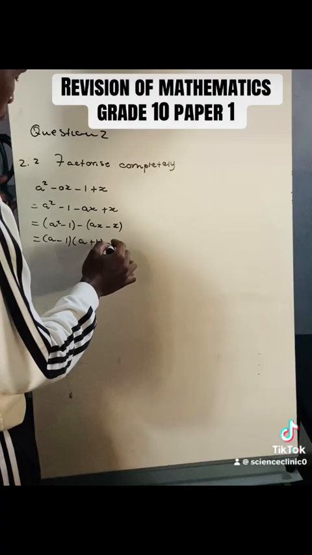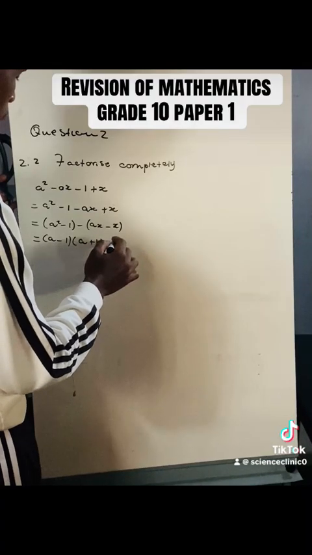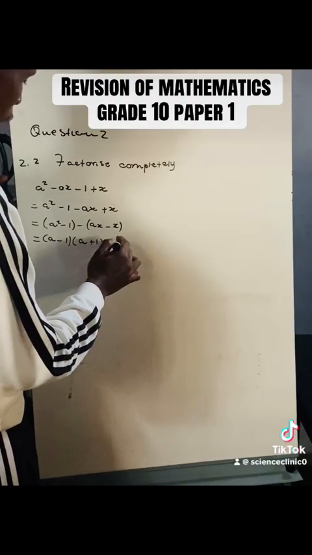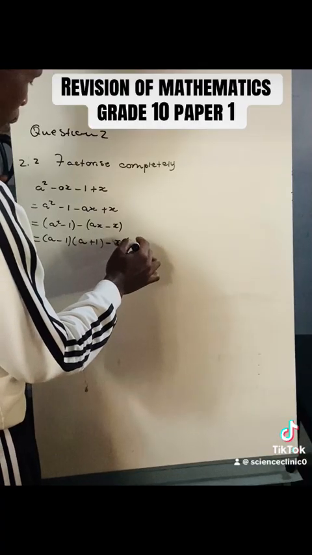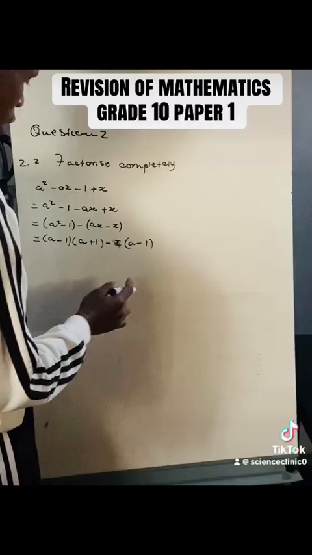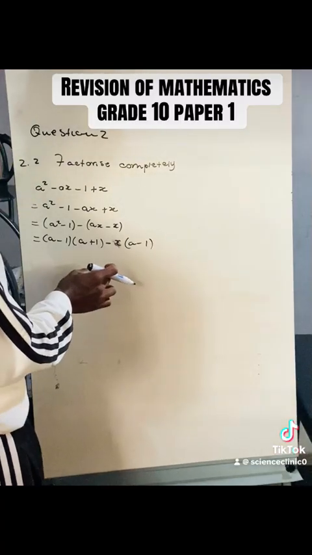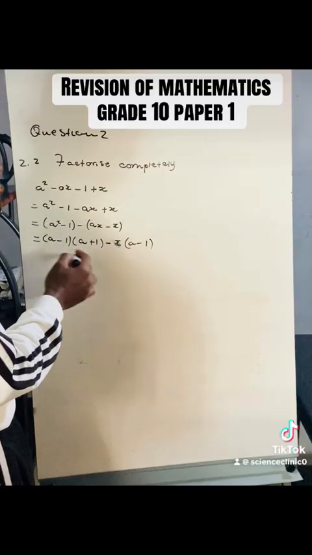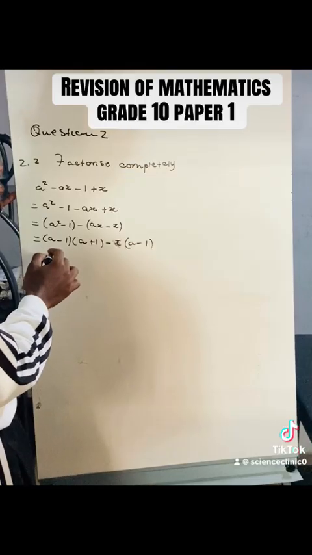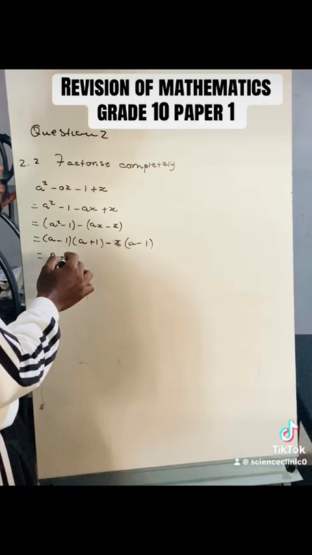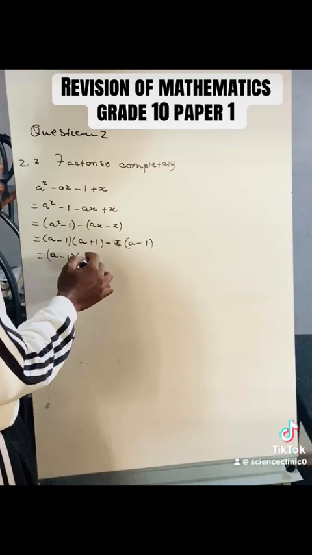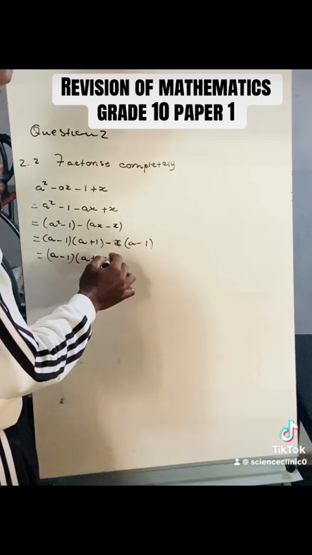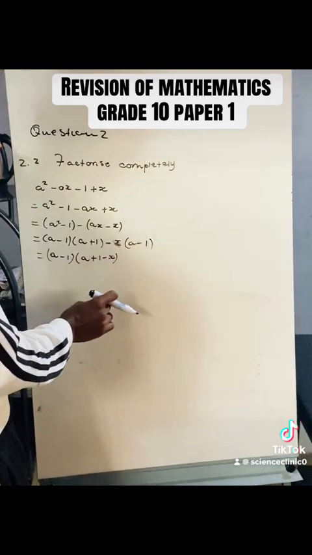Therefore, in this bracket we are just going to have x outside, in brackets is a minus 1, in order to obtain a positive sign. From there, what we have to do, guys, therefore we're going to have a minus 1 in brackets. Therefore, the other bracket we're going to have a plus 1 minus x. So this is how we factorize this question.